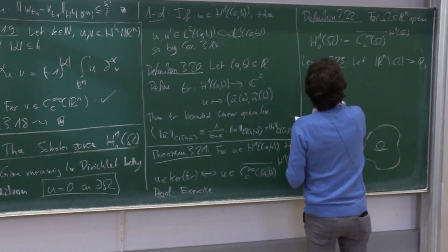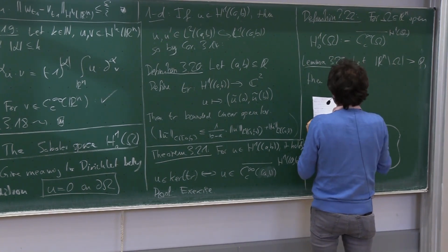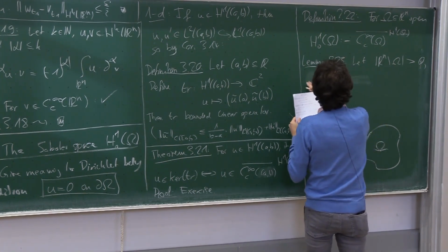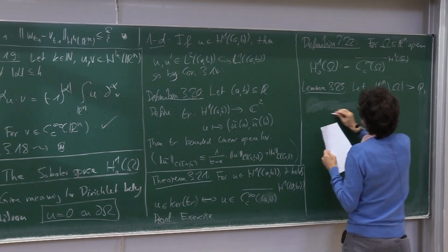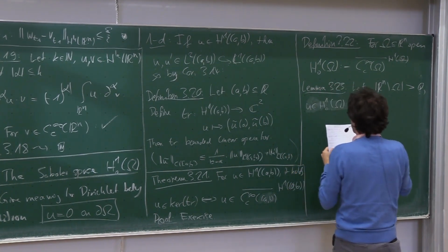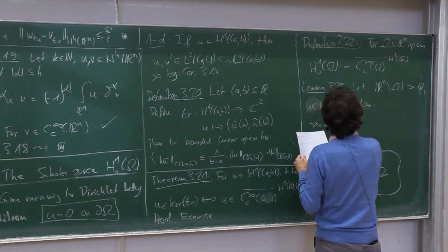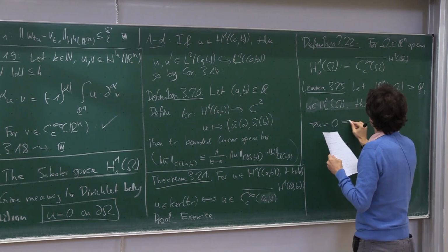then you have the result that if u is in H10 and the gradient of u is 0, then u is 0.